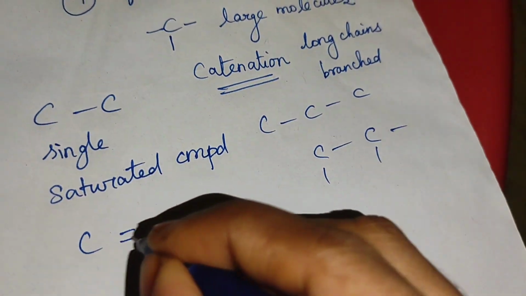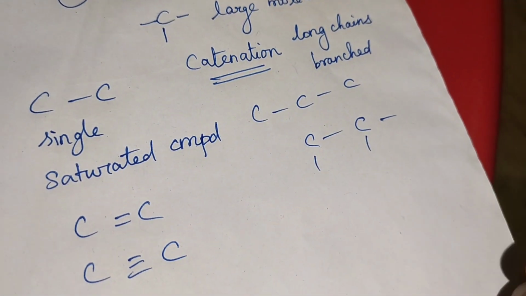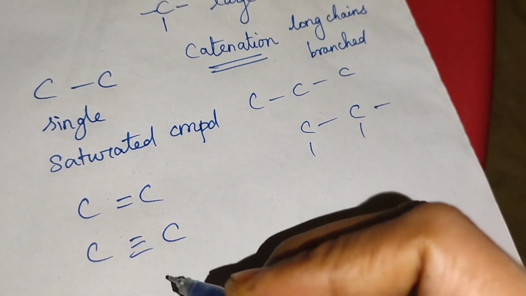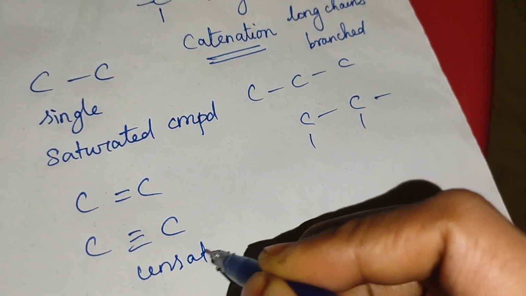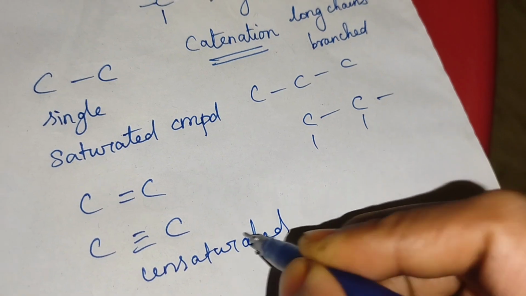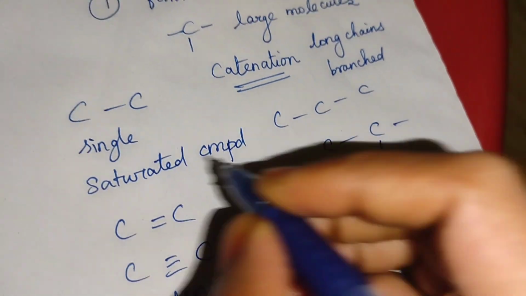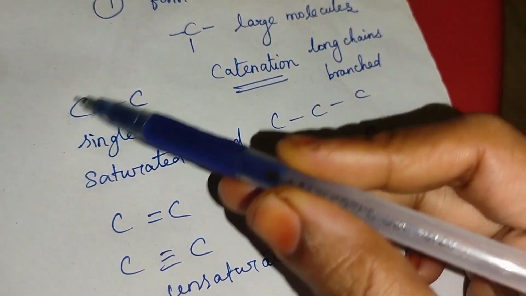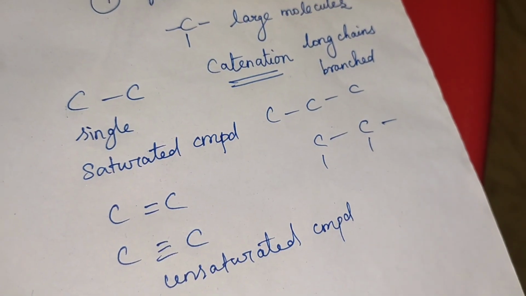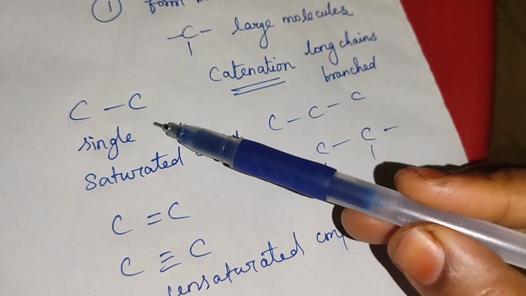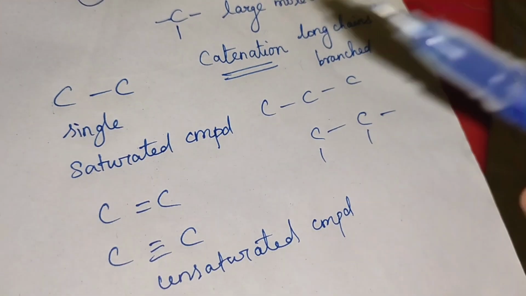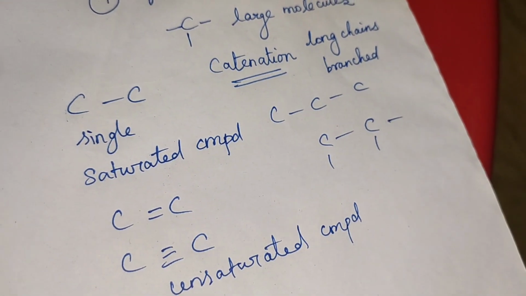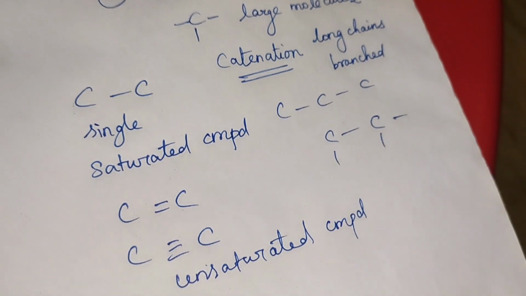If it has a double bond or triple bond, that is known as an unsaturated compound. I'm just simply drawing single and double bond. I didn't complete the valency and all here.